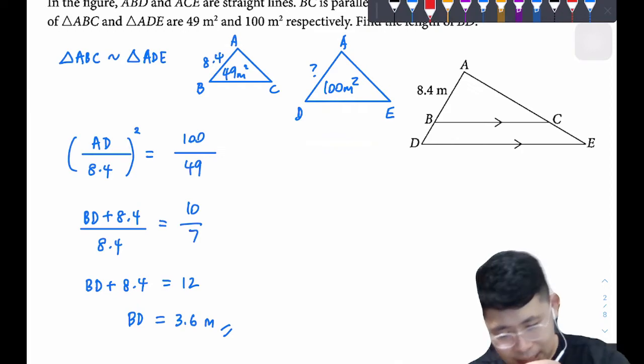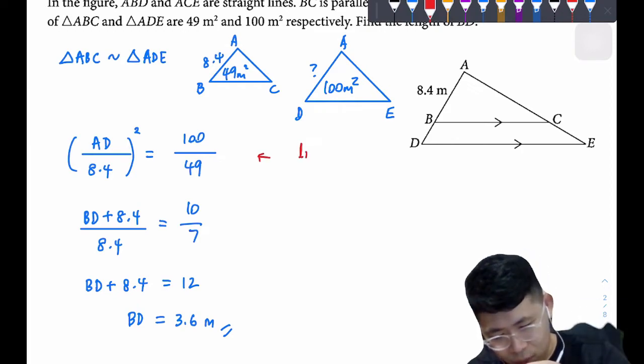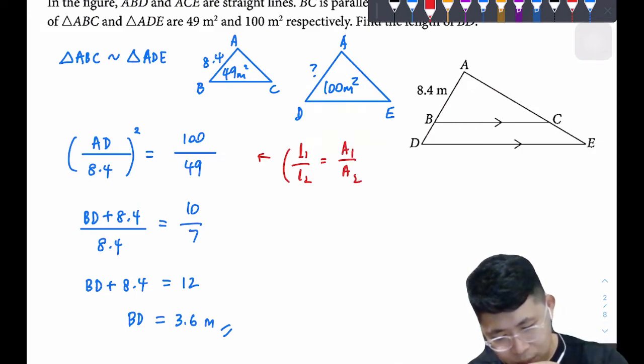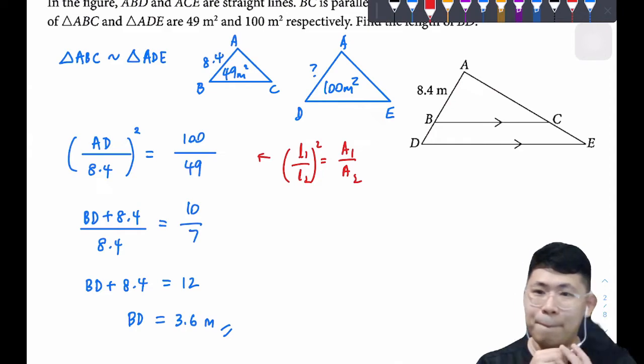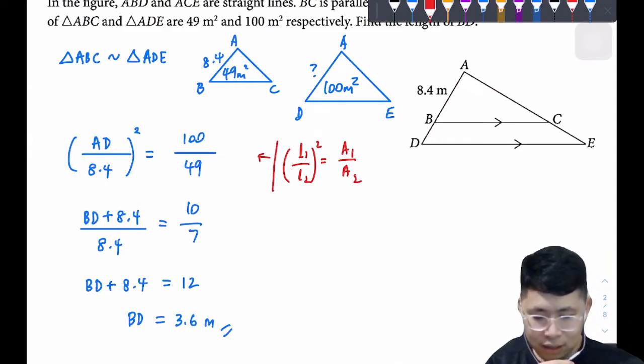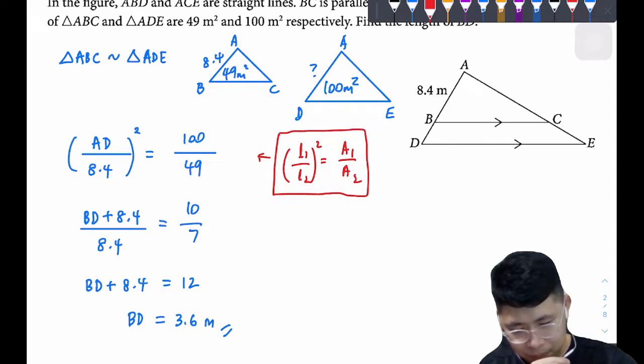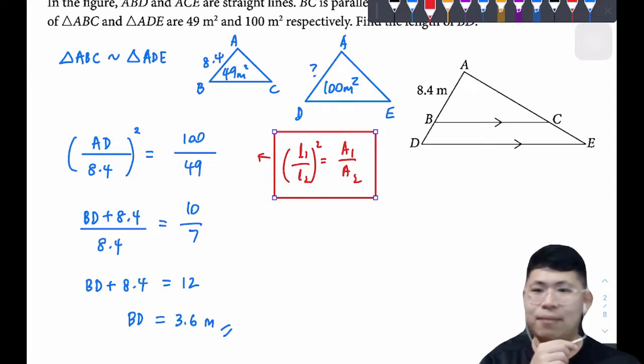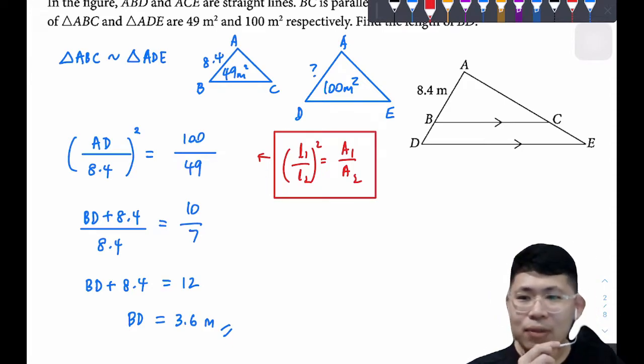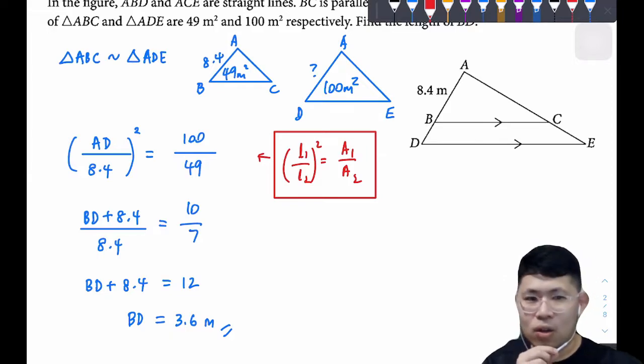At this stage, this is just L1 over L2 is equal to A1 over A2, but the L1 and L2 we need to square. So this is applying the formula for this part over here. There we go for practice now 2.